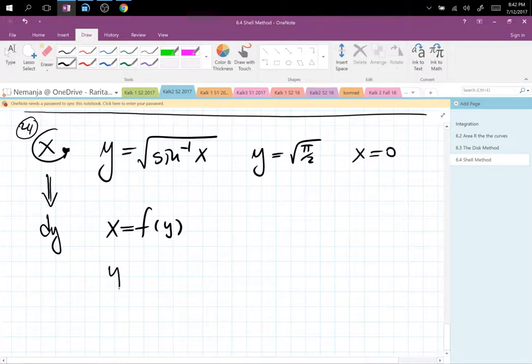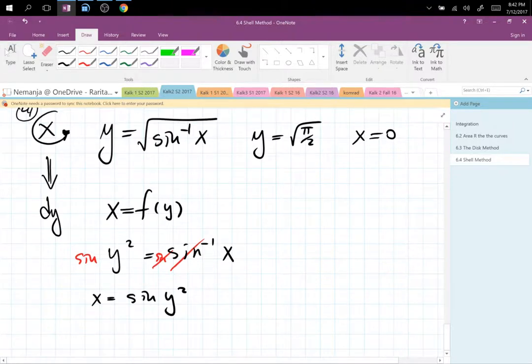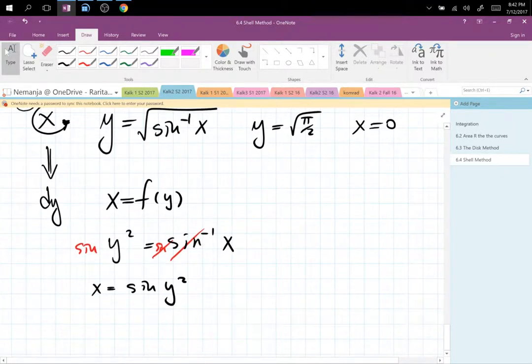So we get y squared is equal to inverse sine of x, and then we apply sine to both sides to cancel off the inverse. And we get that x is equal to sine of y squared. And then from here, it's a walk in the park, right?